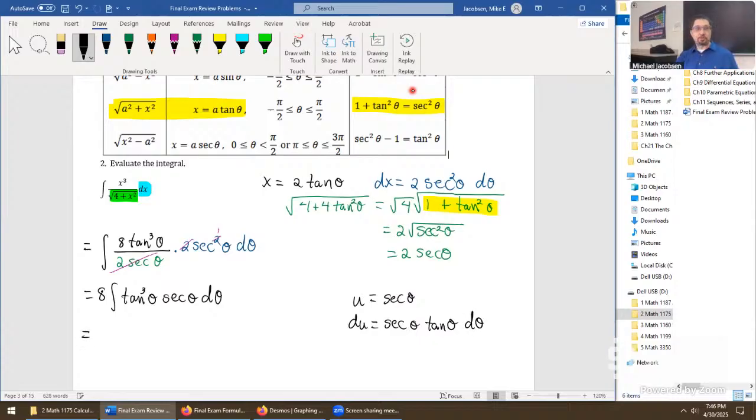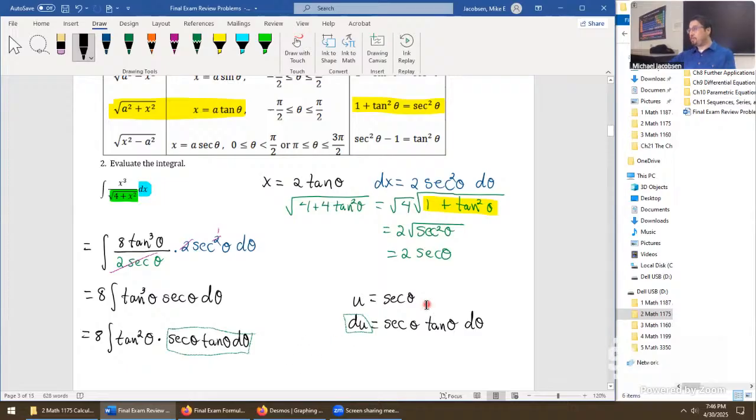So let's reorganize the integral to see what's left out, what has to be re-expressed. We drop this down to tangent squared because we're giving away one factor. And then go times secant theta tangent theta d theta. So already right here, we get to swap in just a du. The problem became a lot less complicated.